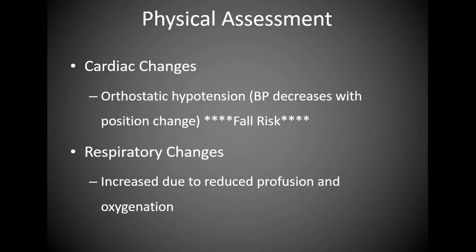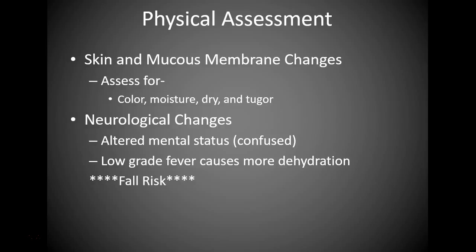For respiratory changes, rate increases due to reduction of perfusion and oxygenation. So if your patient is in either a fluid overload or there's some sort of pulmonary issue that does not allow them to actually perfuse and receive the oxygenation, they're going to breathe rather rapidly to be able to balance that out.